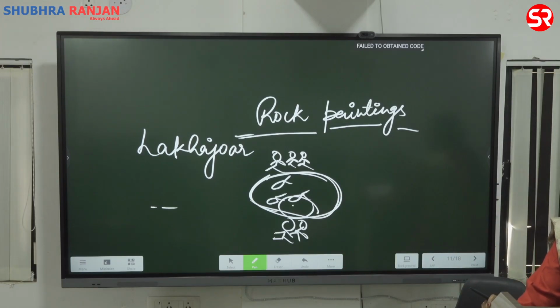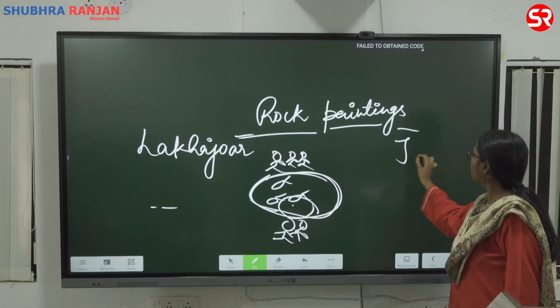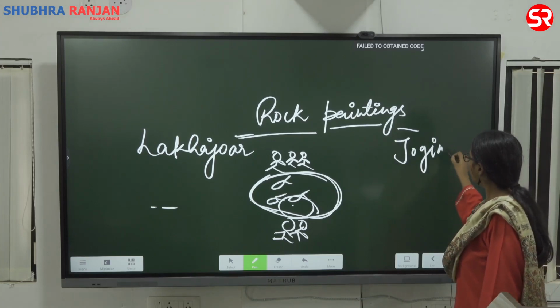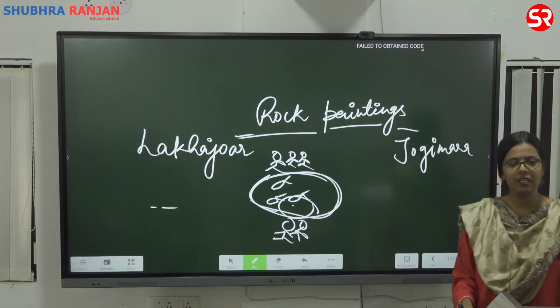Lakha Jwar in Madhya Pradesh, Jogi Mara in Chhattisgarh, that is in present day Chhattisgarh.